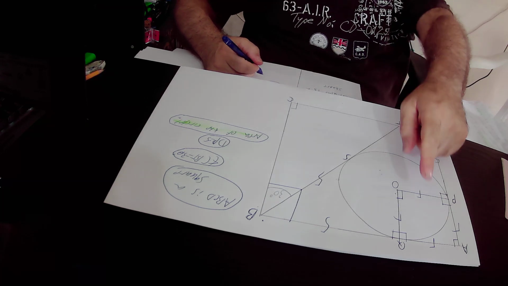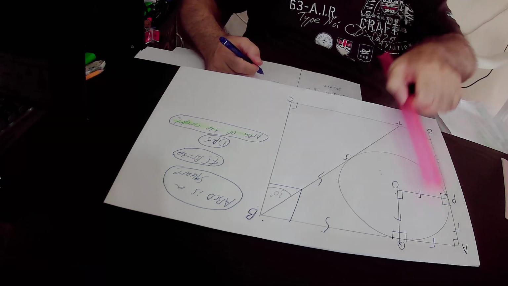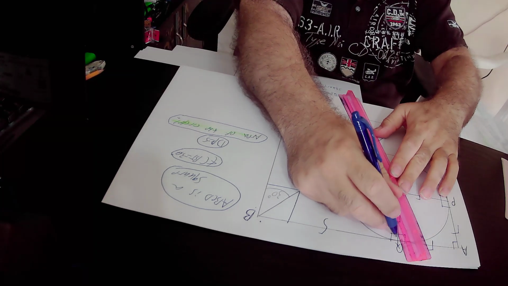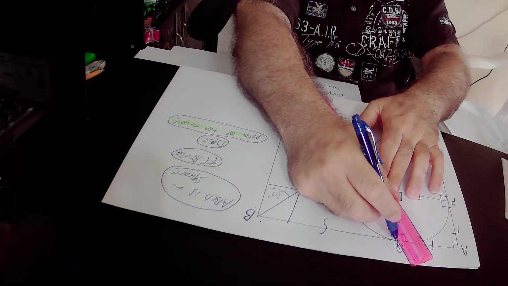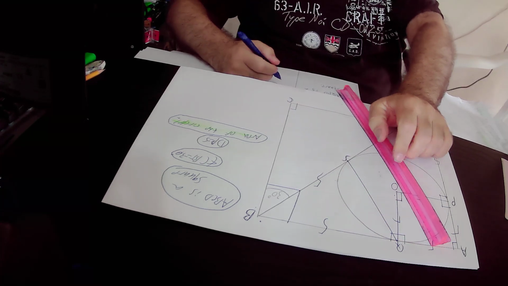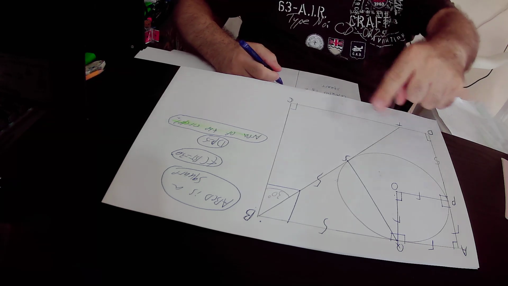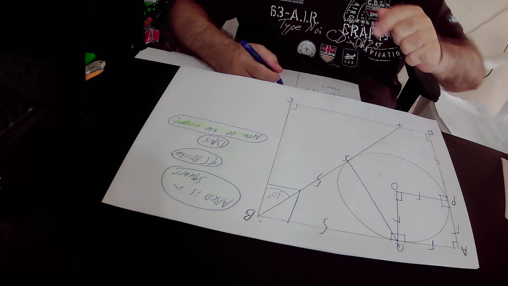In the next step, we will join points Q and S together by a straight line. Here we created triangle BQS.